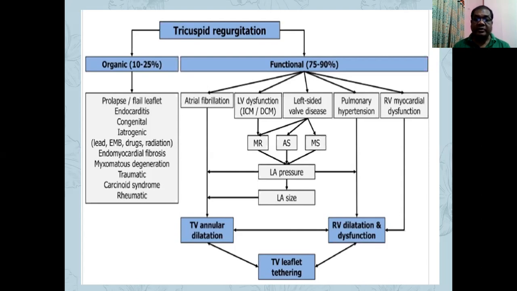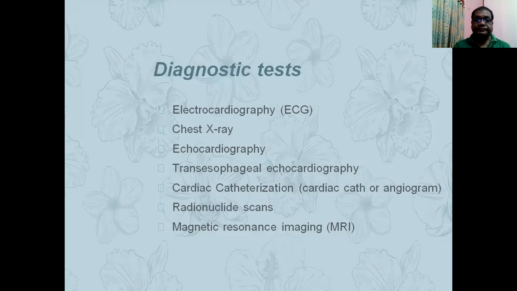These all lead to tricuspid valve annular dilatation, RV dilatation and dysfunction, and tricuspid valve leaflet tethering, and ultimately to functional tricuspid regurgitation.